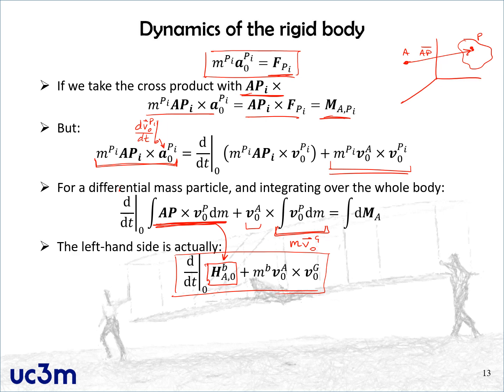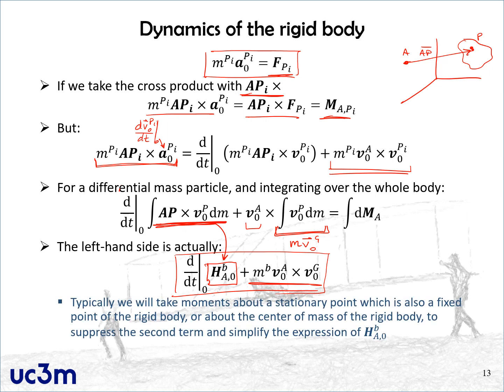All right, so you see that whenever we try to take moments on the equation of motion to get the rotational dynamics equation of the rigid body, the angular momentum of the rigid body will appear very naturally. Okay. Just as always, when we have this type of second term in our expressions, we can try to get rid of it by choosing carefully the point A about which we are computing the moments.